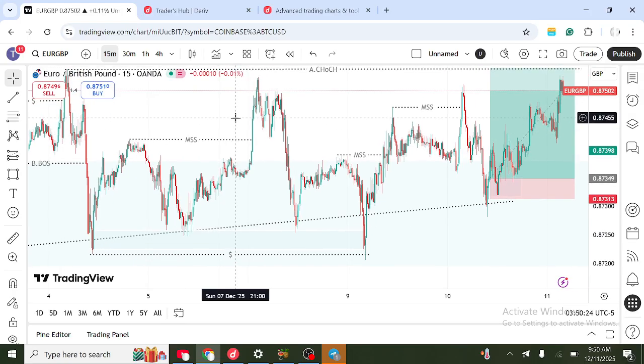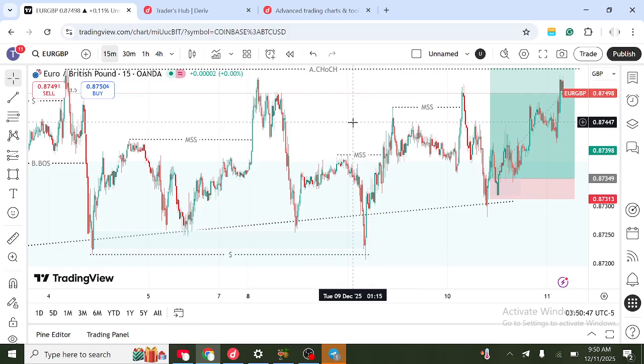And I told you that anytime a market structure shift happens, the price is most likely going to reverse. And before a change of character happens, if you look closely, you are going to see a market structure shift. We have visible market structure shifts and invisible ones. So these are the visible ones.